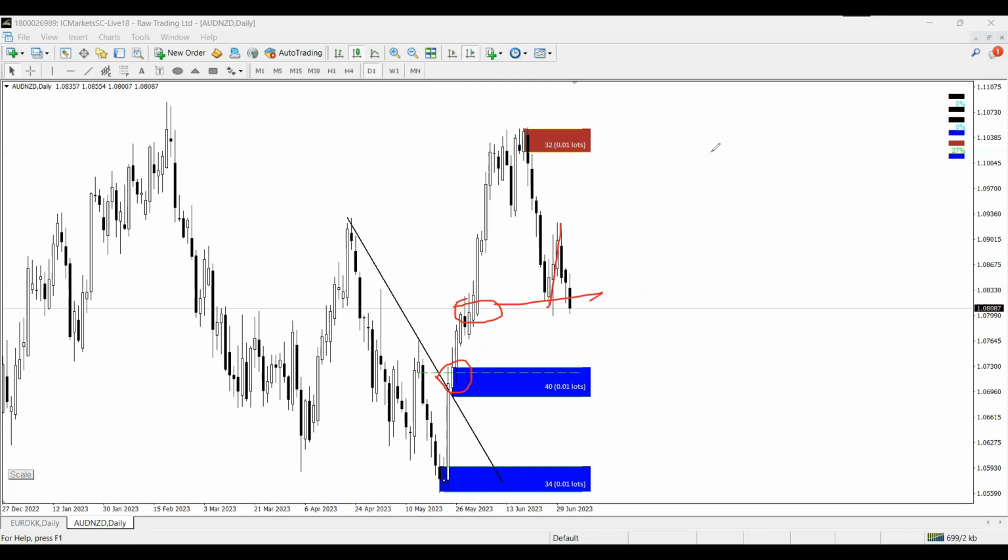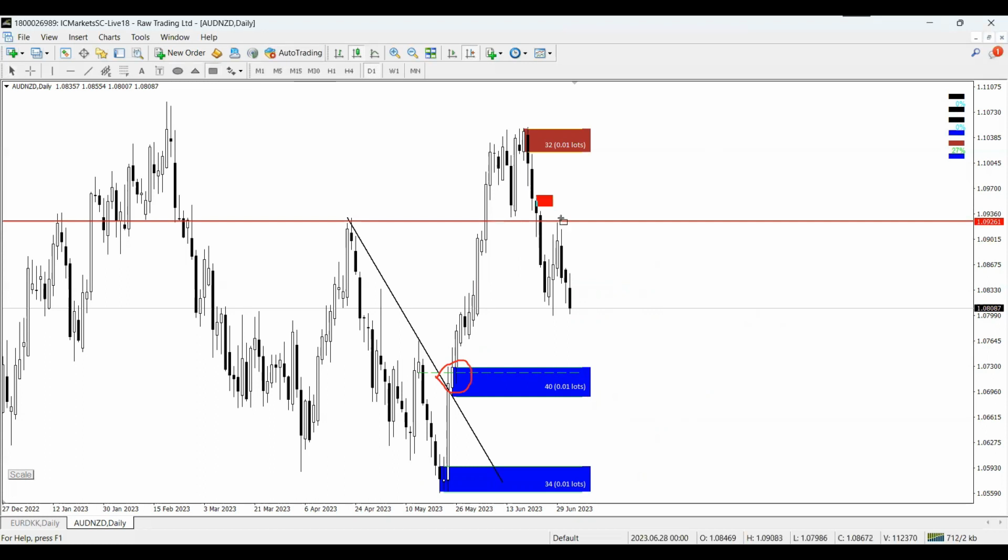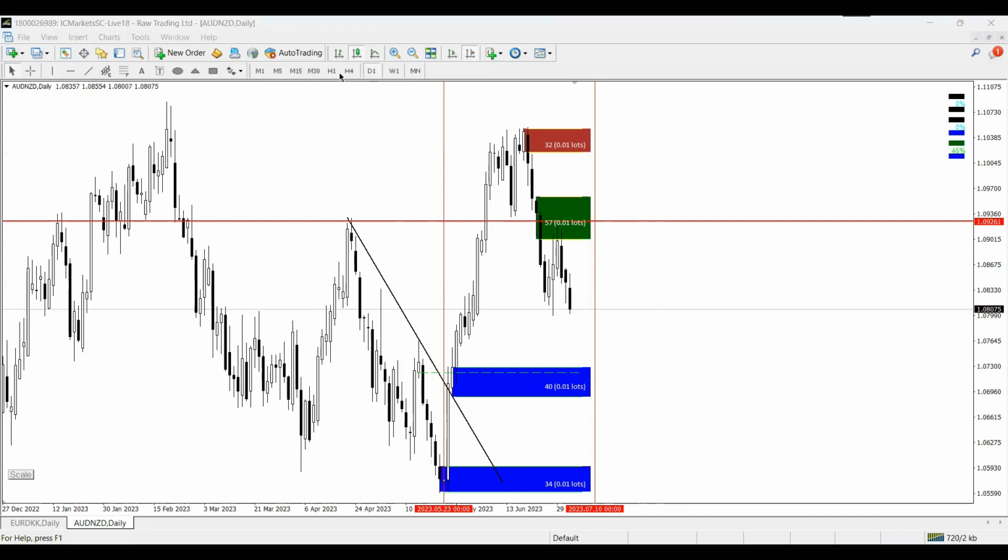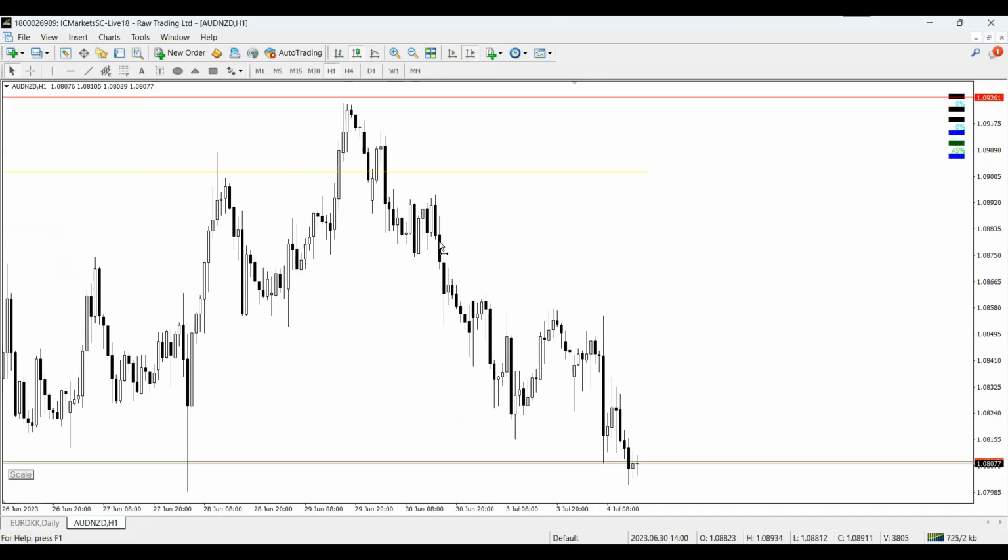What happened here? Because price just broke this area, a small level. And if we go to H1, then we will understand what happened here. Let me show you what happened exactly here.